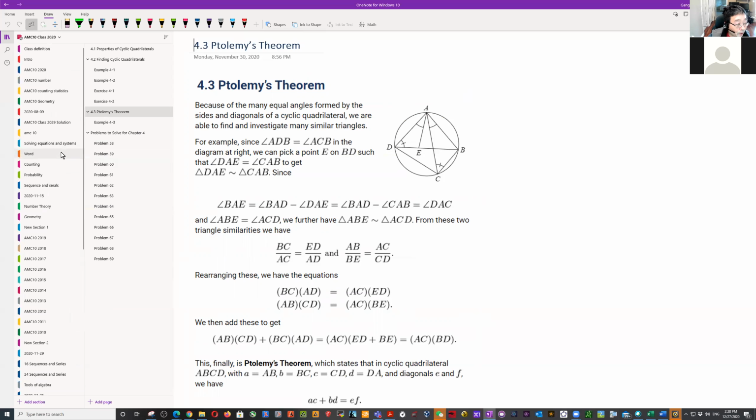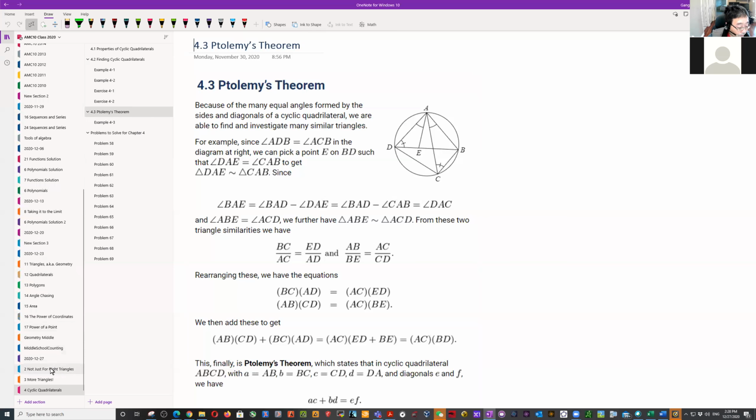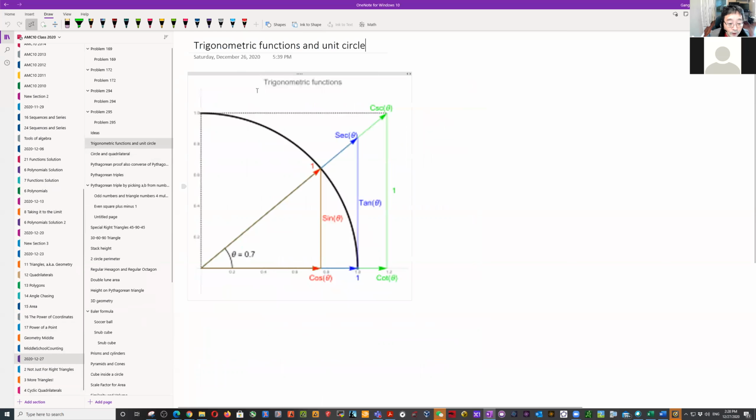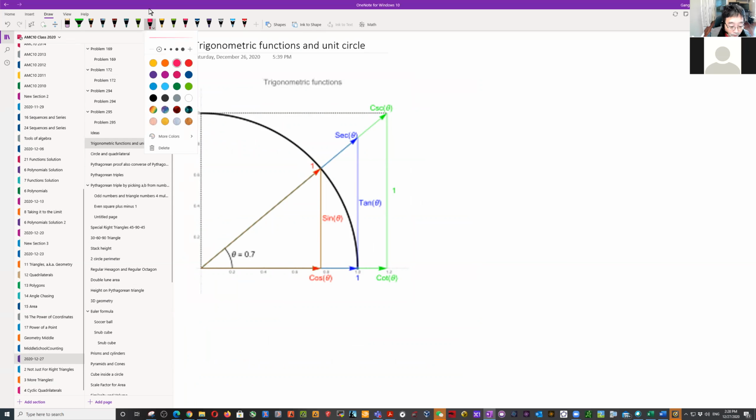So let's begin today's topic. Last time we covered trigonometry. This is a quarter of the unit circle, so the radius is 1.